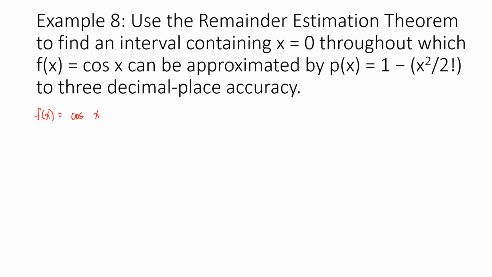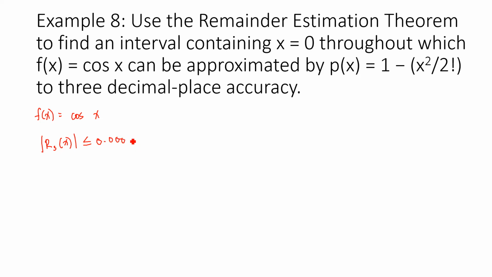So our problem is to determine an interval on which the absolute value of the third remainder at x, r sub 3 of x, is less than or equal to 0.0005.